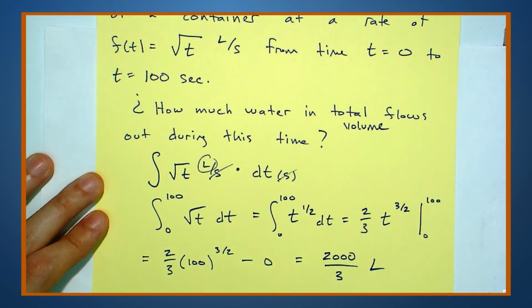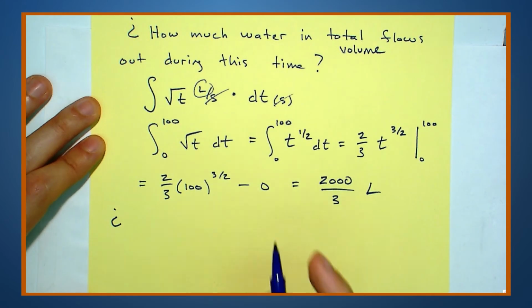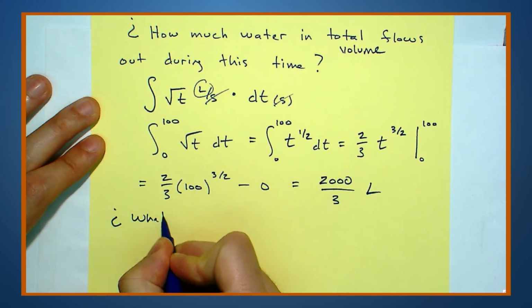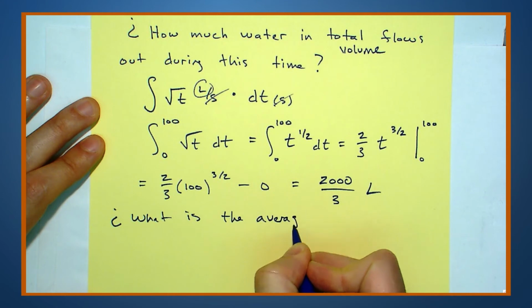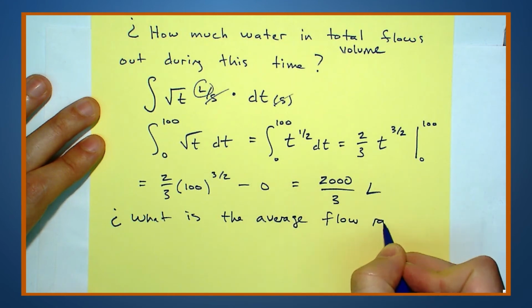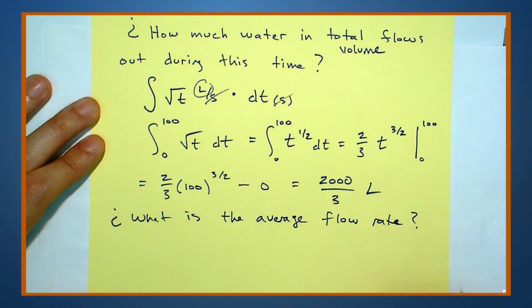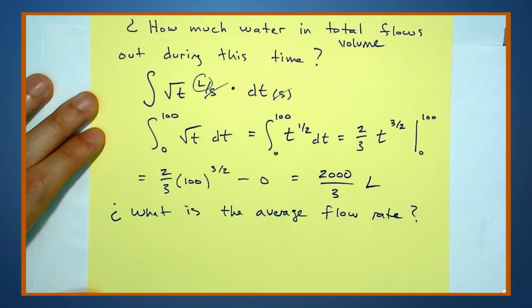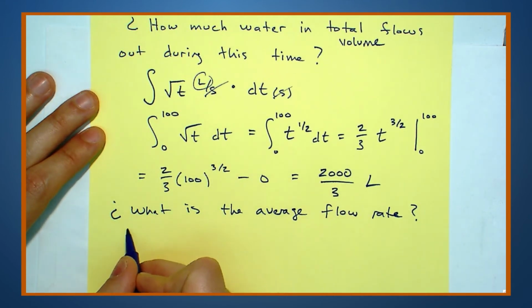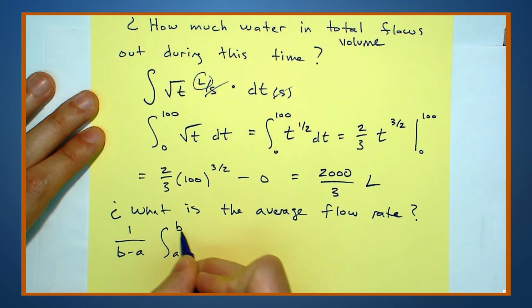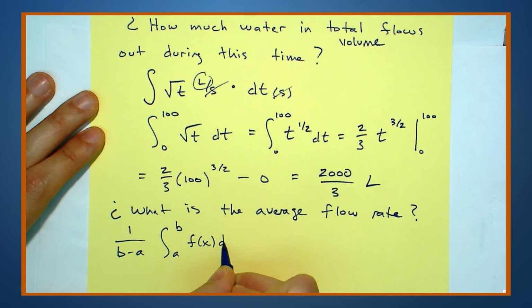Now let's do one more thing. I'd also like to know, question, what is the average flow rate? Now we can also use the integral to answer this question. In fact, maybe you know that the average value of a function is given by this formula, 1 over b minus a, integral from a to b, f of x dx.